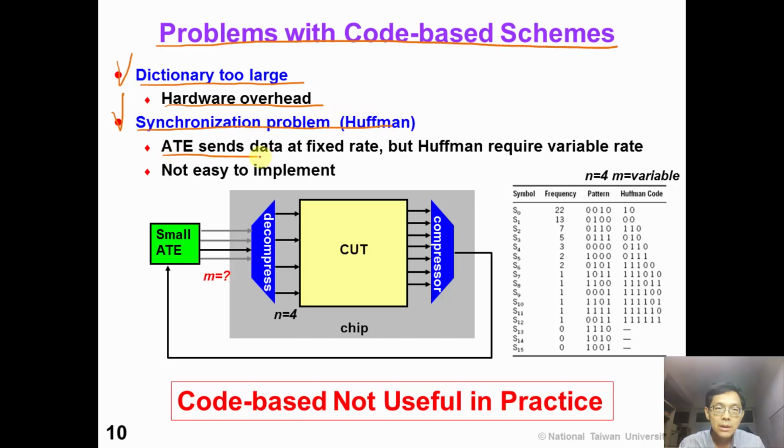Typically, ATE sends data at a fixed rate, but the Huffman technique requires a variable rate. This is a problem because we don't know how many bits we want to send to the CUT at a time. So this technique is not easy to implement practically. In conclusion, code-based techniques are not very useful in practice.